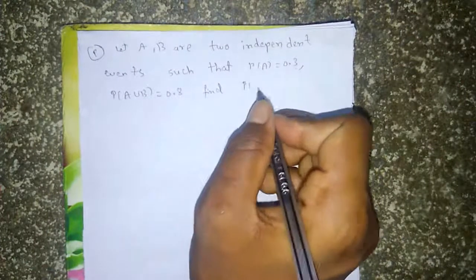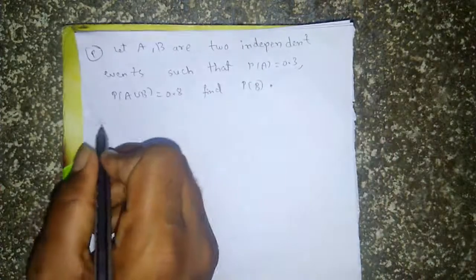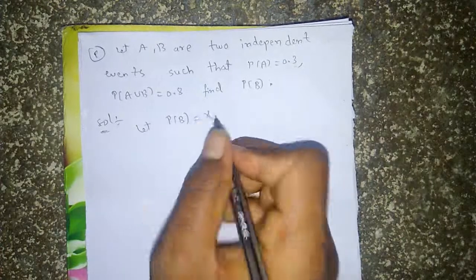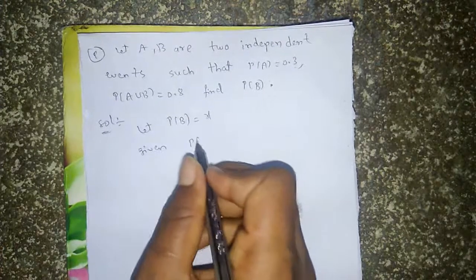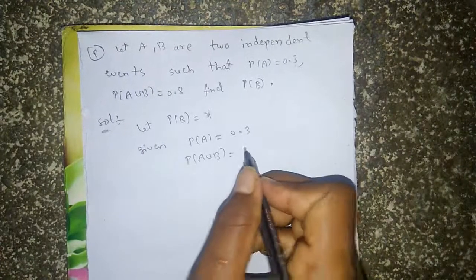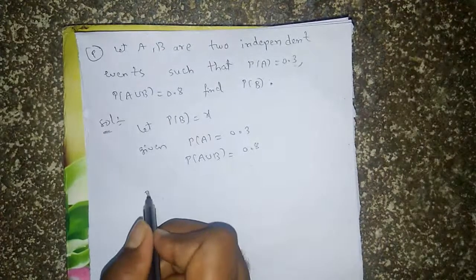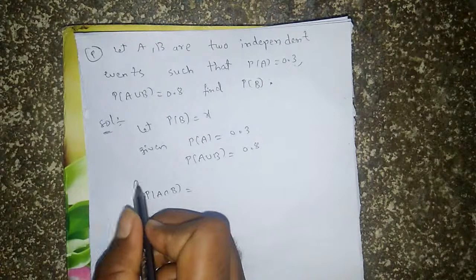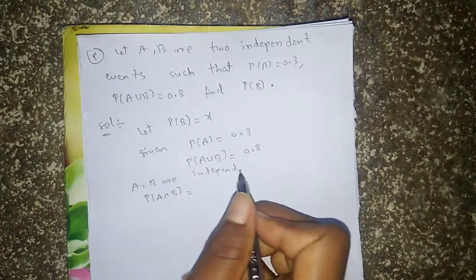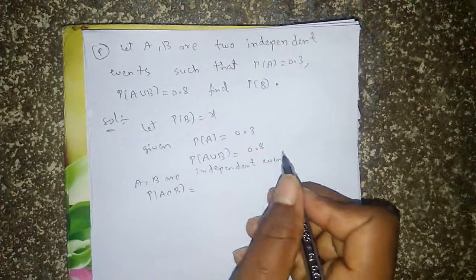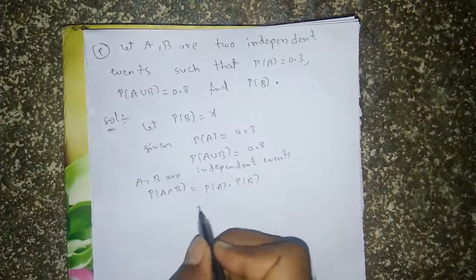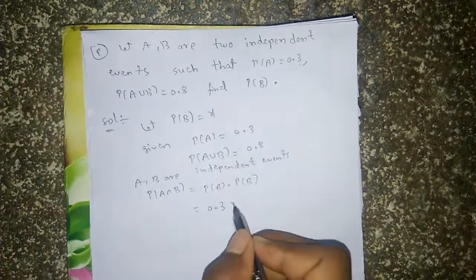Find P of B. So here let us take P of B is equal to X. Here given P of A is equal to 0.3, P of A union B is equal to 0.8. Now P of A intersection B. Given that A, B are independent events, implies P of A intersection B is P of A into P of B, that is P of A is 0.3, P of B is equal to X.